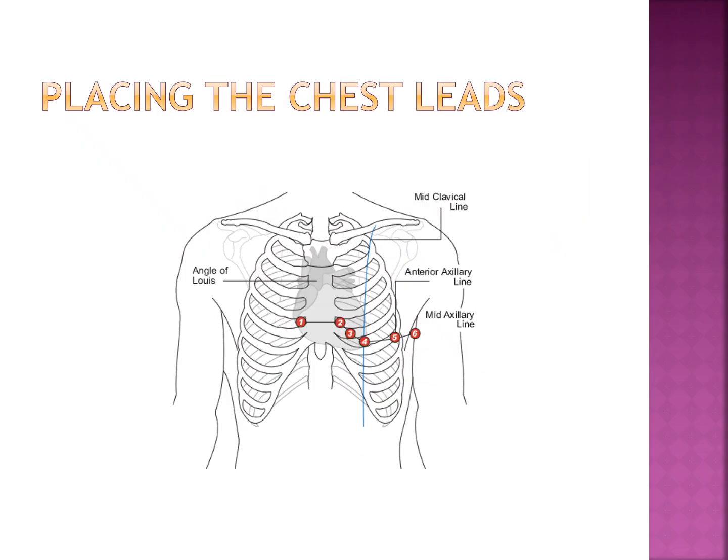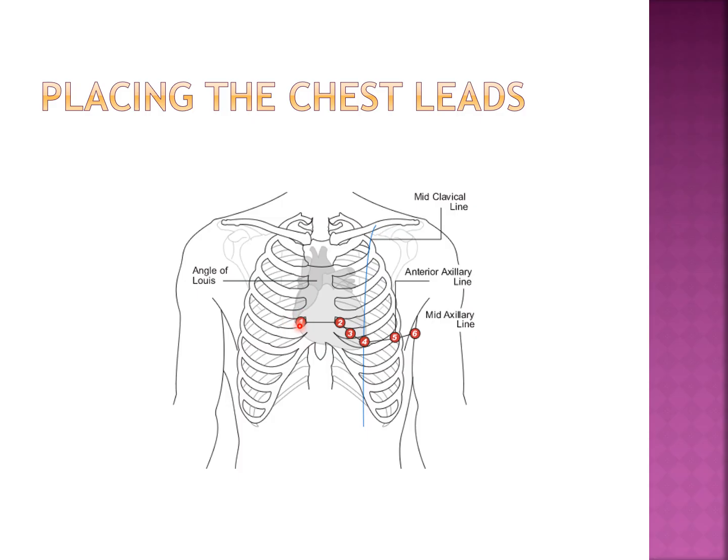So, placing of the limb leads, the chest leads. We have V1 through V6. The easiest way for me to remember is that the V1 lead goes, here's our first space, second space, third space, fourth space. So the fourth intercostal space on the left goes the first one.